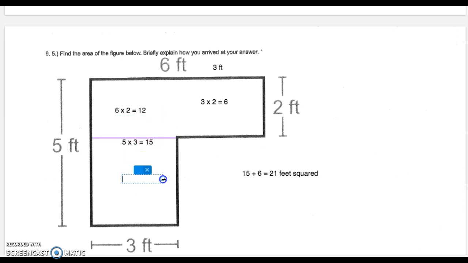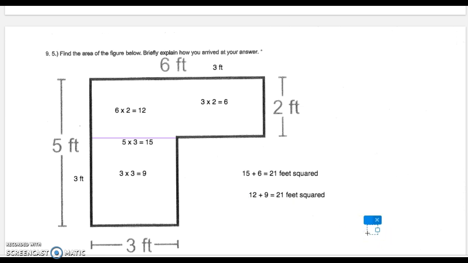And then down here, if this is 3, we need to figure out what this piece right here is. If this whole side is 5 and this piece is 2, I know that this is going to be 3 feet. So we have 3 by 3, which equals 9. So I'm going to end up with 12 up top plus 9, and it also would equal 21 feet squared.